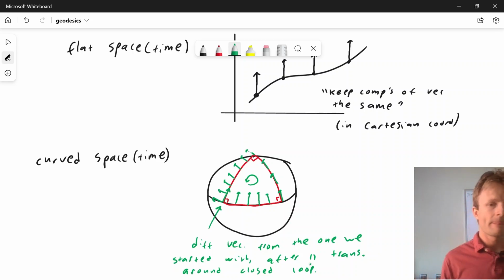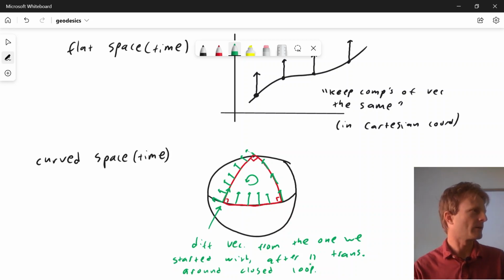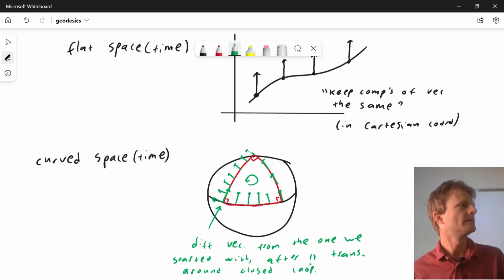Yep? This is a weird question that I can't come up with an answer to. At the North Pole, how are you describing the orientation of the arrow? Well, it's tangent to the sphere, right? You agree with that? Yes, it's definitely tangent. And locally, you can just say it's pointing that way. But could you, or do you even need to describe the orientation with respect to the sphere overall?